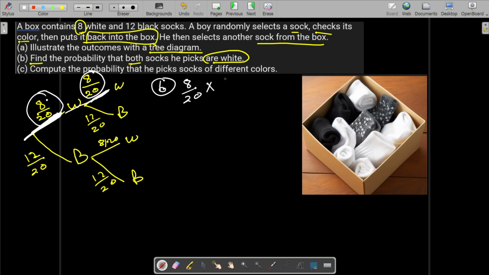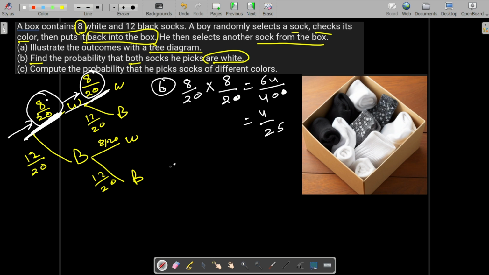So it's going to be multiplication. Multiply 8 over 20 by 8 over 20, and here the answer will be 64 over 400, which is 4 over 25. Remember here, when you move from one branch to another branch, this is multiplication, okay? In the same way, in the same direction here.